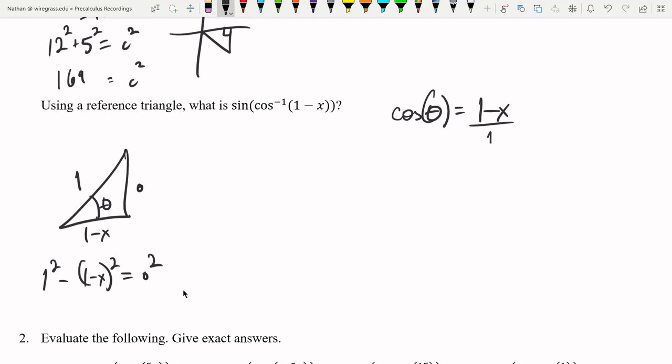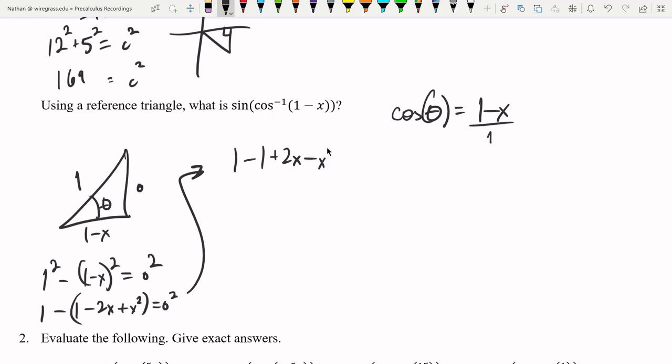And we can simplify this down a little bit, just expanding everything. So we have 1 minus 2x plus x squared in parentheses. And then simplifying a little bit further, that's going to give us 1 minus 1 plus 2x minus x squared, so the opposite is going to be the square root of 2x minus x squared.